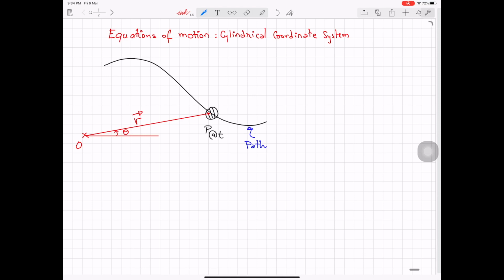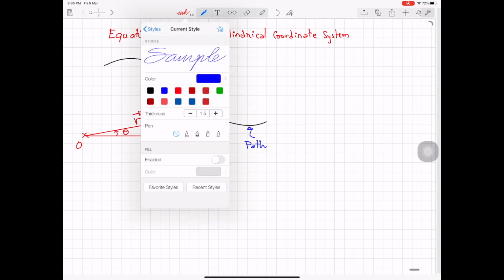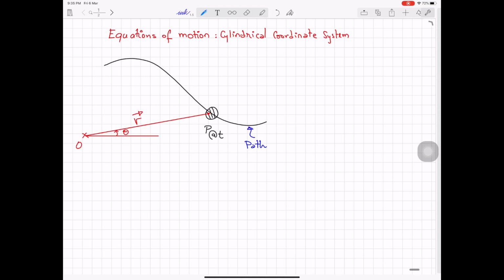So now that we have a particle that is moving in a two-dimensional plane, we can define two axes, the radial axis and the transverse axis. The radial axis actually extends the position vector, so we can just put it like this.